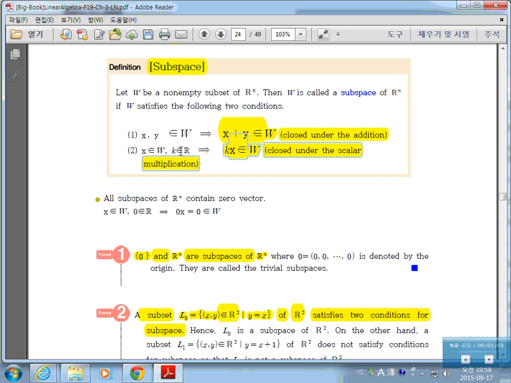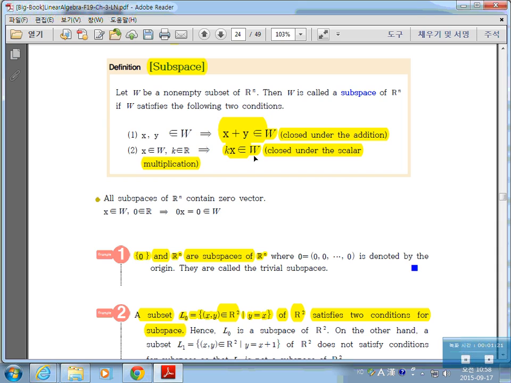If you choose a vector x from W and multiply a scalar k on it, then the result kx, the multiplication of a scalar k on a given vector x, is in W, not just Rn.